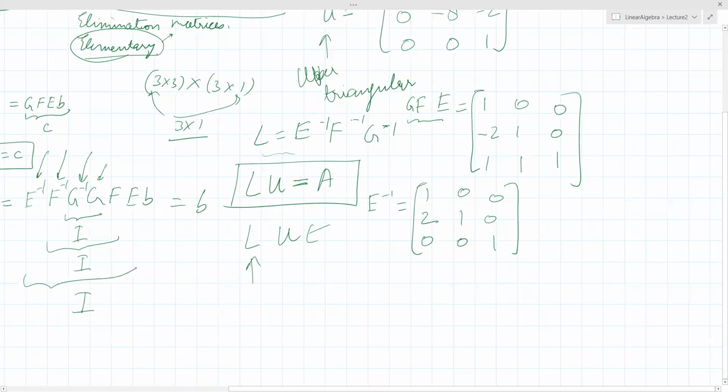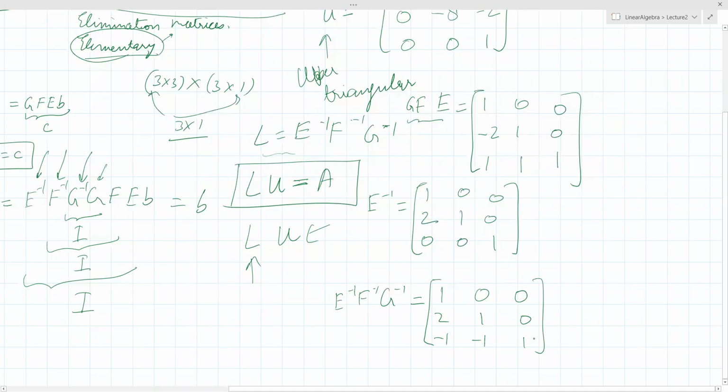What will G inverse F inverse E inverse be? It will be 1 0 1 0 2 2 1 0 minus 1 minus 1 minus 1 and 1.